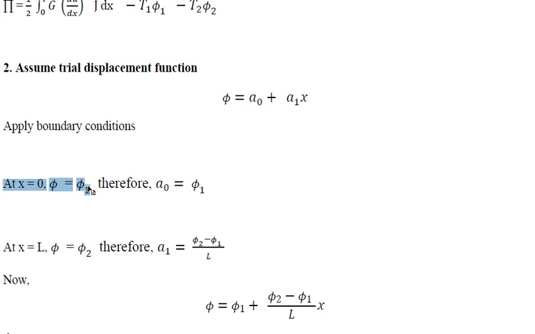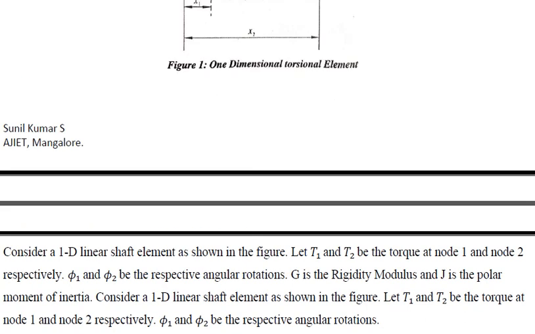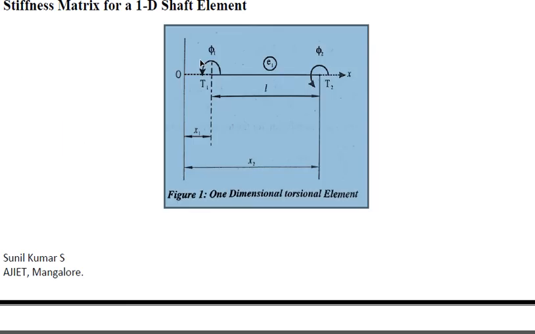X is equal to 0 means we are assuming at x is equal to x1, in this figure at node 1, x1 let it be 0, which means we are taking the coordinate at node 1.